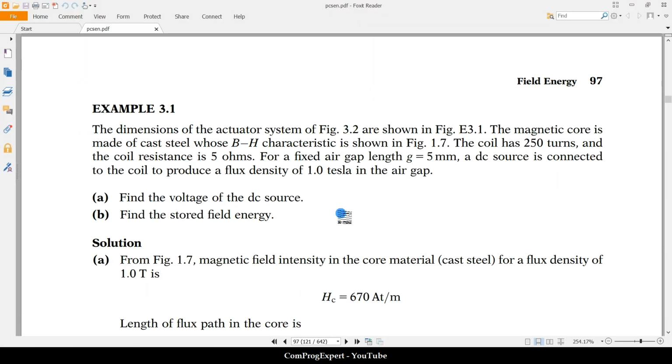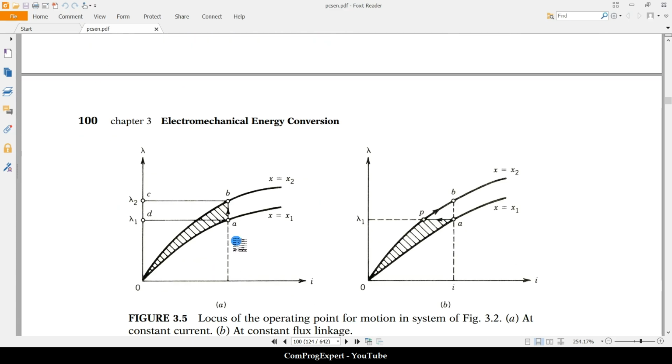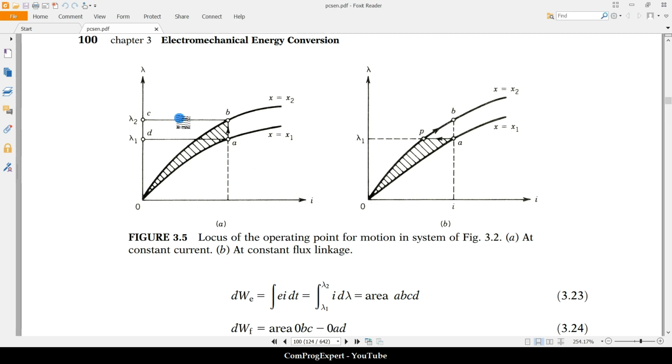If the movable part has moved slowly, the current has remained essentially constant during the motion. The operating point has therefore moved upward from point A to B, as shown in this figure. So this is the special trajectory one that we have. The movement is very slow and the current remains constant. We move along this trajectory.